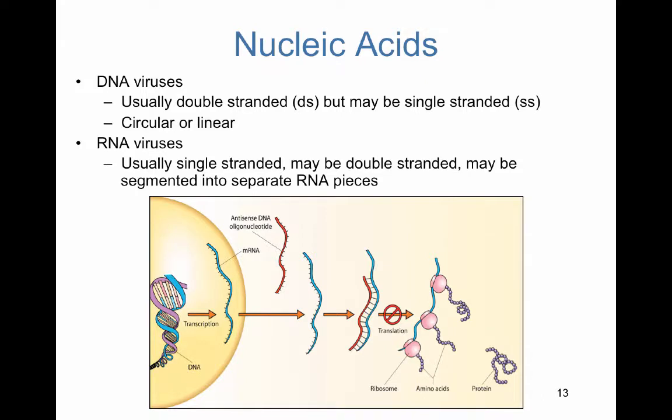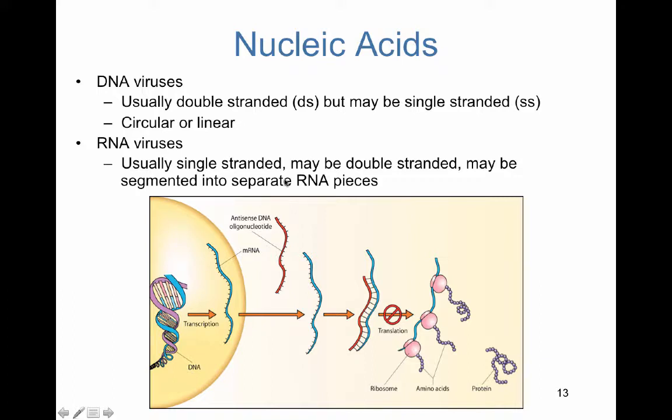The double-stranded RNA viruses are what we call reoviruses. But I would remember the general trend, DNA is DS, RNA is SS, and sometimes we find DNA genomes that are circular. Also with RNA viruses, the genome may be segmented into small pieces of that virus.